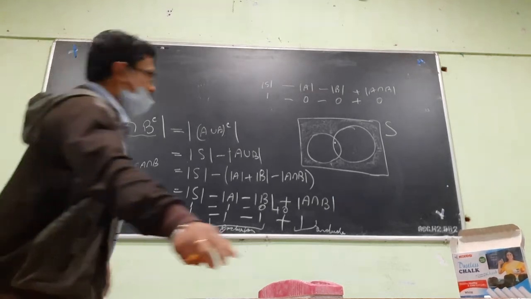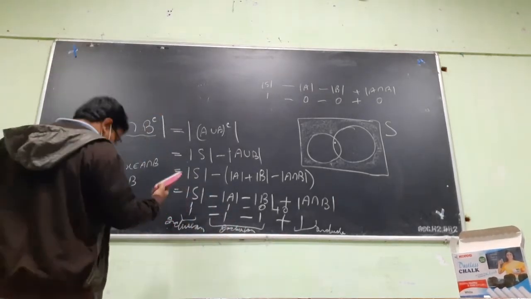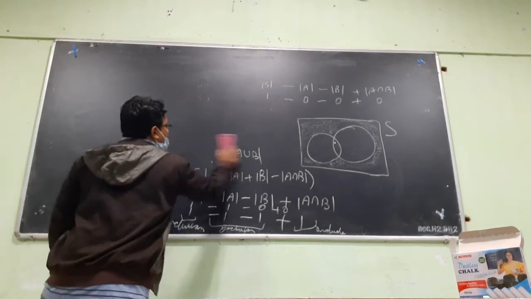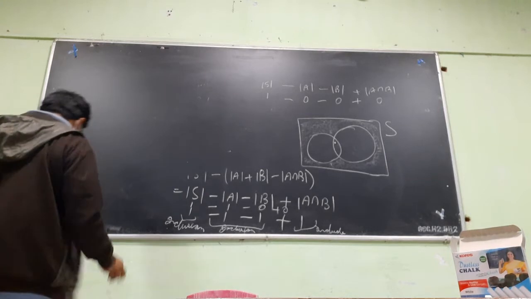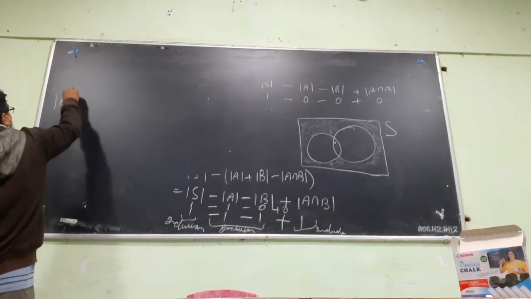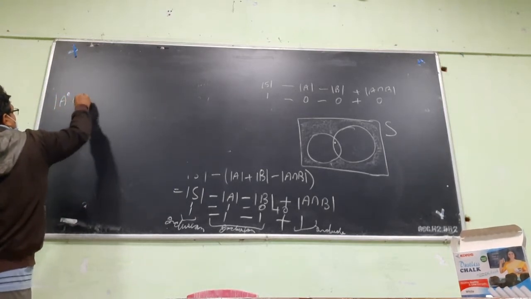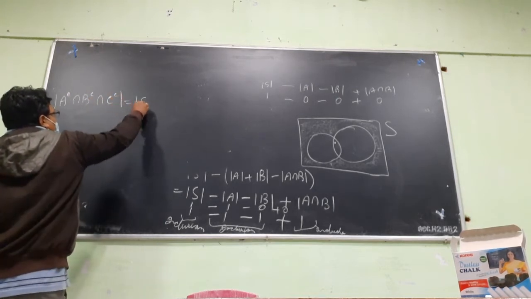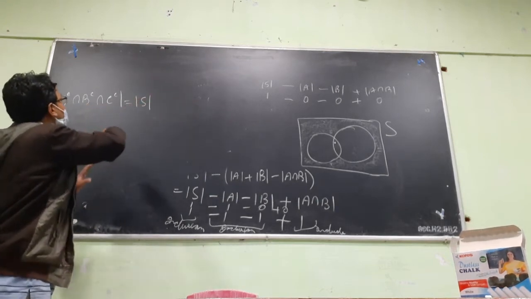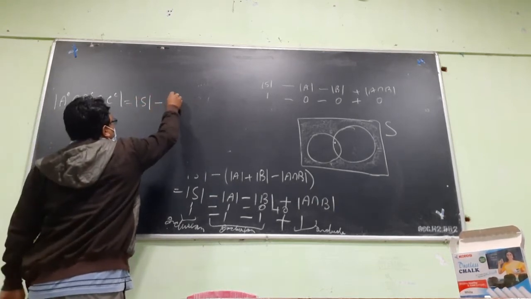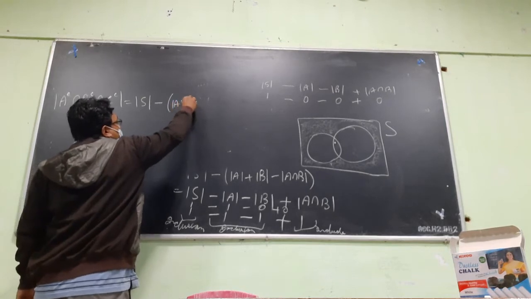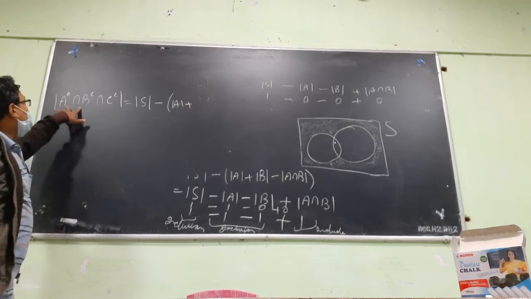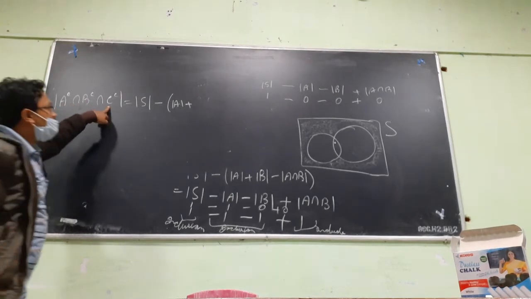Okay. So this was for 2 sets. For 3 sets, what happens? For 3 sets, number of elements of A complement intersection B complement intersection C complement. It is number of elements. First we include all. Then we subtract these, because ultimately we want the elements which should not be there in A, should not be there in B, should not be there in C. Okay.